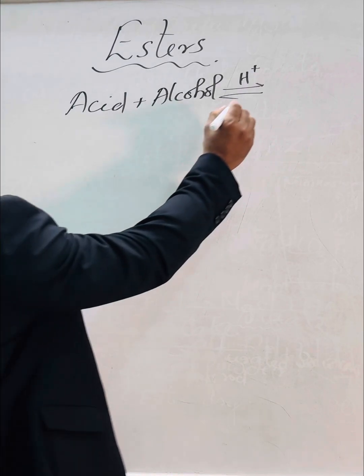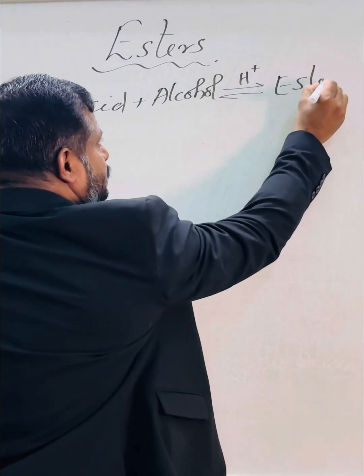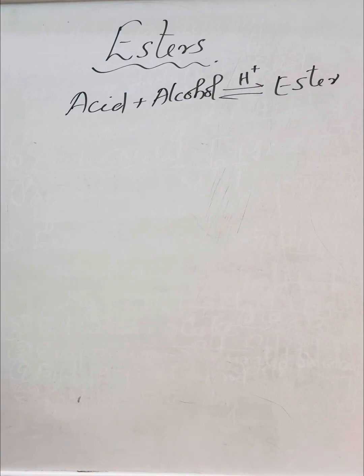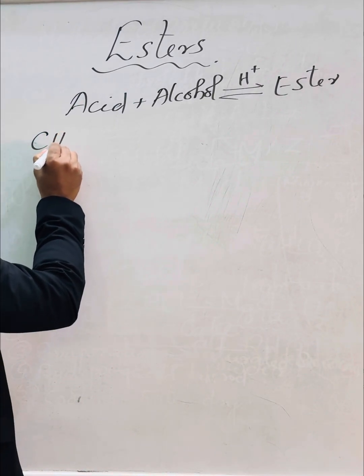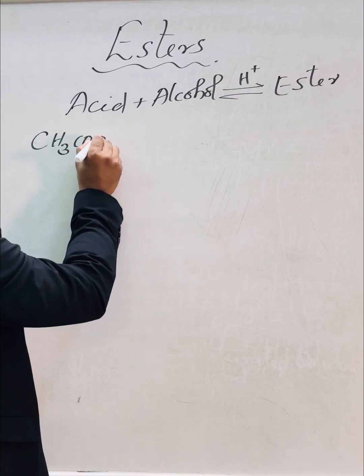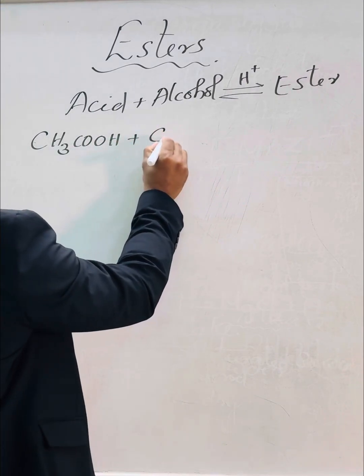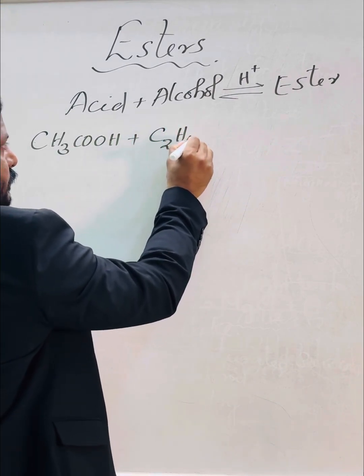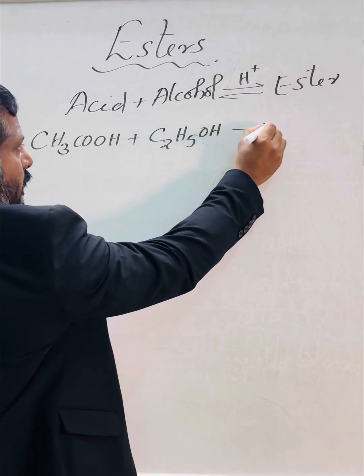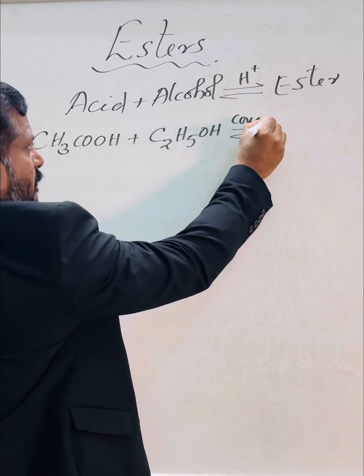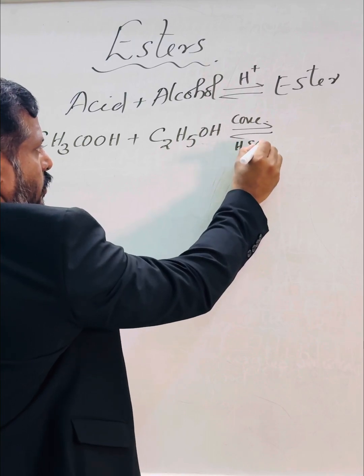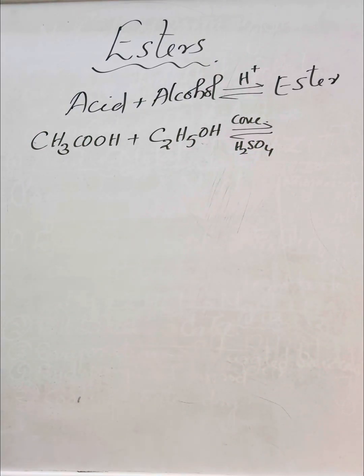You get an ester. For example, ethanoic acid, CH3COOH, reacts with ethanol in the presence of concentrated sulfuric acid.